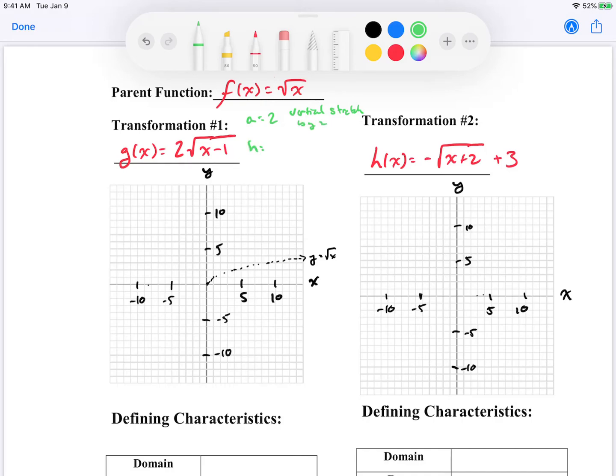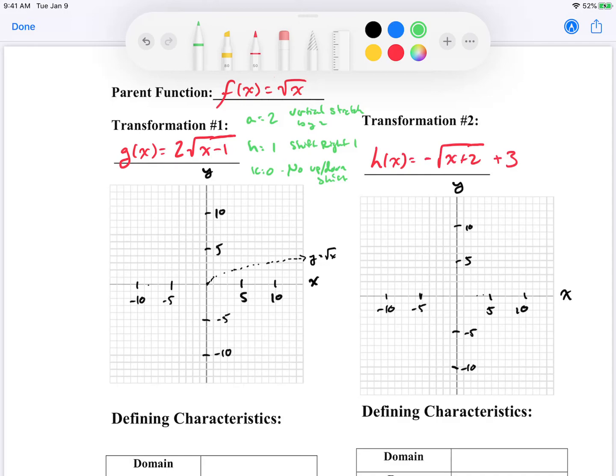I have h equal to positive 1, which means shift right 1 unit. And then k is equal to 0, which means no up or down shift.